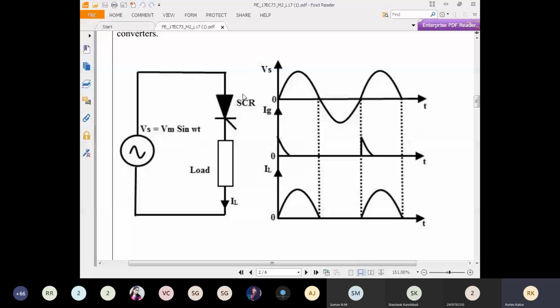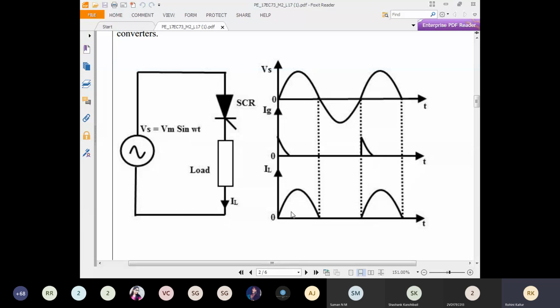When the device conducts, there is a flow of current from anode to cathode and it flows across the load. Correct? So at t equal to 0, I am supplying the gate pulse, because of which the complete positive half cycle will be appearing across the load. So this is IL, and IL is nothing but the current getting across the load.